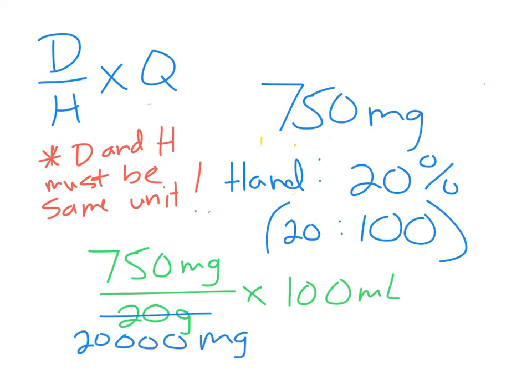Like I said, grams to milligrams, we've done so much with those metrics. That's 3 places to the right, or times 1,000 on our stair-step chart. So hopefully we've got those down. So we know why we did that. So I take 750 divided by 20,000, and I take that and multiply by 100. And so my answer here, this person would take 3.75 milliliters.